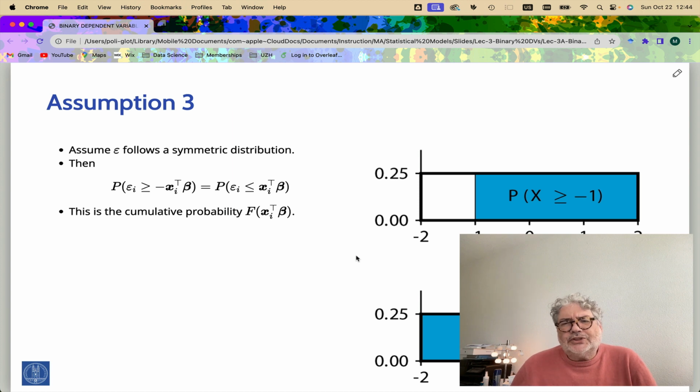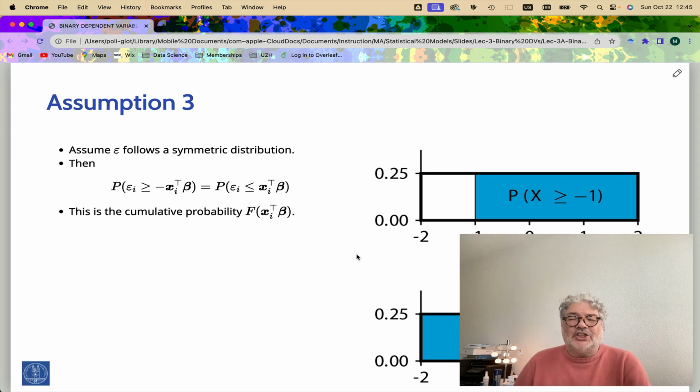Now the third assumption we're going to make is that epsilon follows a symmetrical distribution. And under that assumption, the probability that epsilon is greater or equal minus xi transpose beta is identical to the probability that epsilon i is less or equal xi transpose beta.